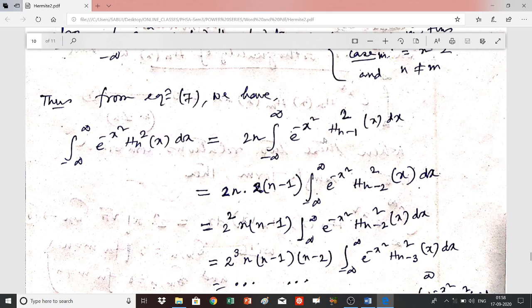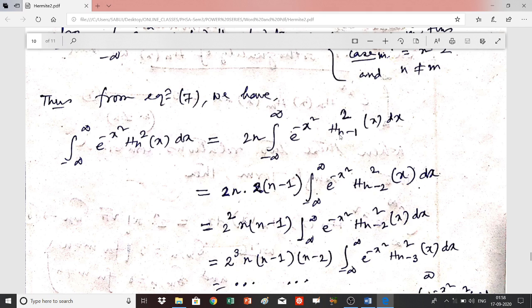So in this way, since this is equal to this, the second term can be written with 2n here. And you see that in this case the order of the polynomial is n. So if it is taken as the general formula, here 2n means 2 into the order of the polynomial.